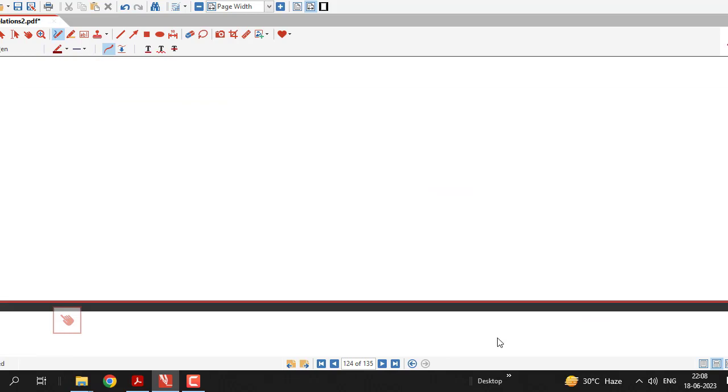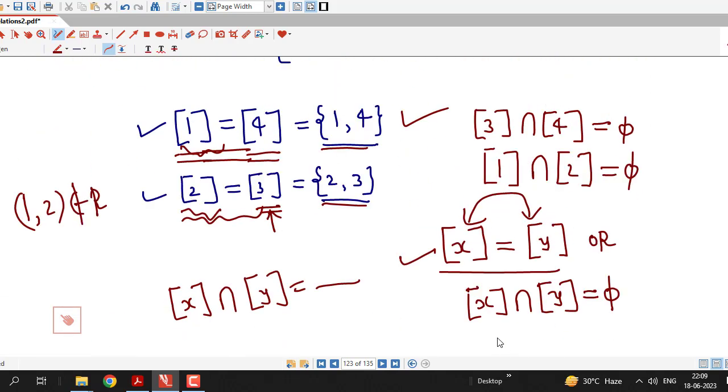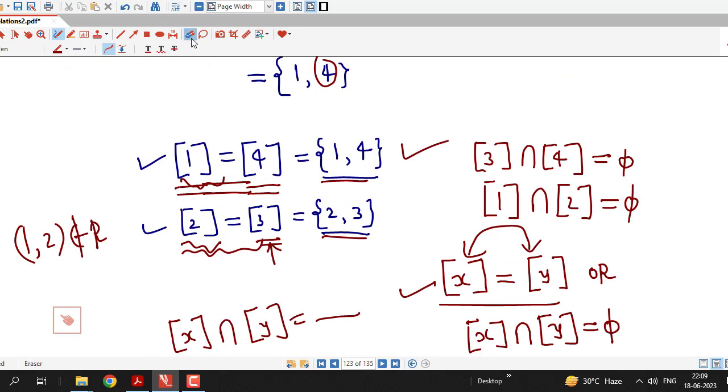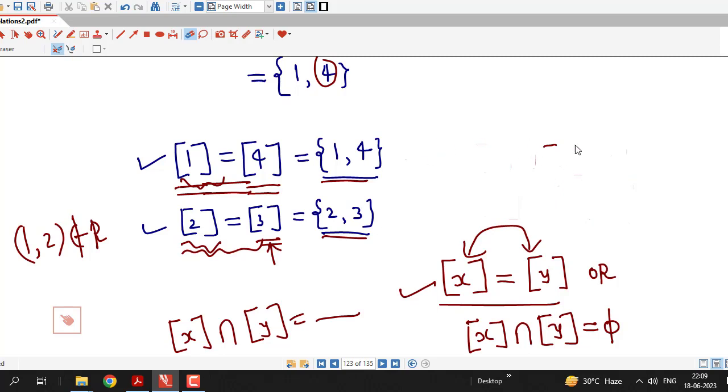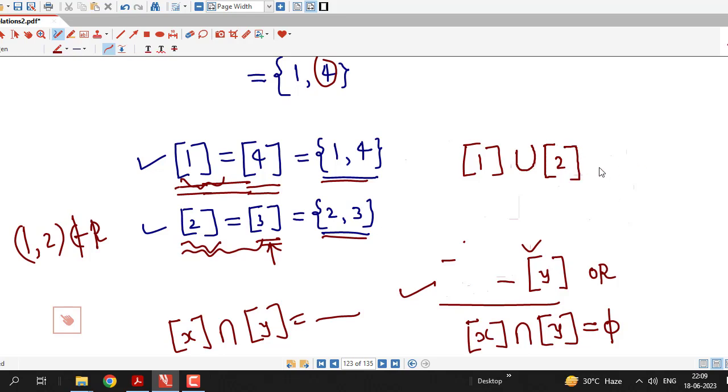One more thing which we can observe from this example is that if we take the union of disjoint equivalence classes, here we have two disjoint equivalence classes. Suppose I consider the union of the two disjoint equivalence classes, then we can see we have 1, 2, 3 and 4, that is capital X. So the union of these two sets is equal to X, and these two sets are disjoint.